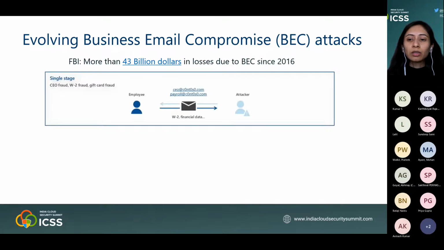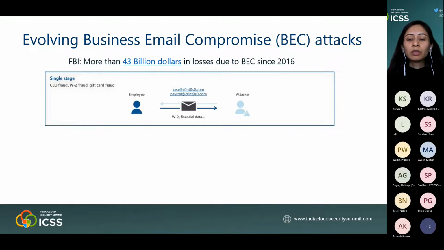A classic attack, or a single stage attack, is something where attackers would impersonate or spoof executives of a company or business partners, IT staff, HR staff, and more. And here, they leverage techniques such as domain impersonation or user impersonation or exact domain spoofing.